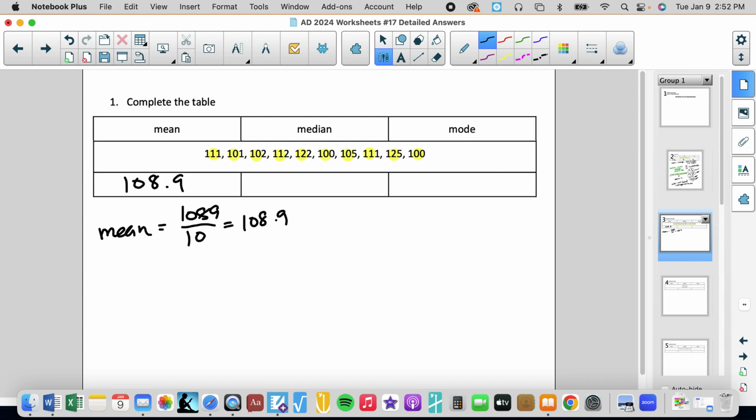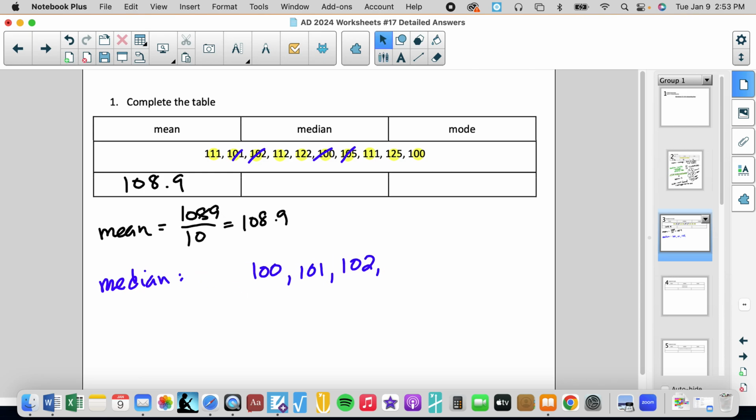Now, here's a nice way of listing when we do the median. We can take the smallest number and mark it off. So 100, 101, 102. I like doing it in this fashion where we can see 10. Oh, I forgot 2 100s. So let's move you over.